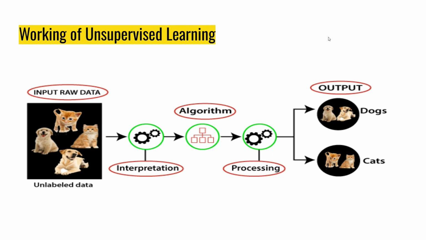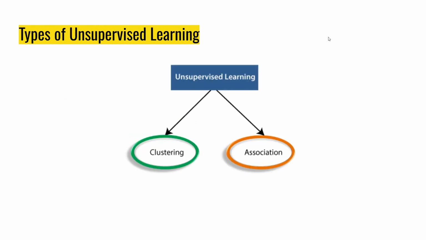Firstly, it will interpret the raw data to find the hidden patterns and then will apply suitable algorithms such as k-means clustering, decision tree, etc. Once it applies the suitable algorithm, the algorithm divides the data objects into groups according to the similarities and differences between the objects.